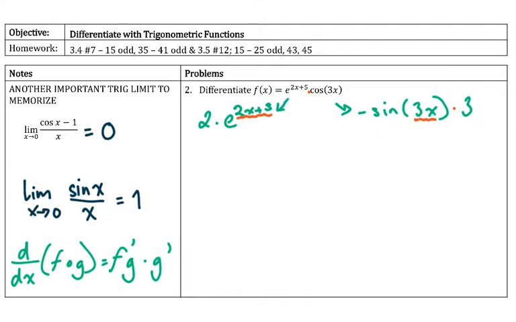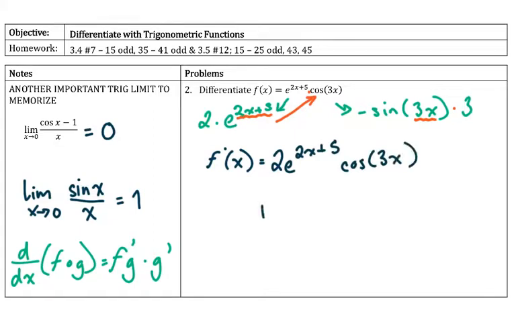So when I write f prime of x, I'm going to combine f prime and g. In this case, 2e to the 2x plus 5 cosine of 3x plus g prime f of x.